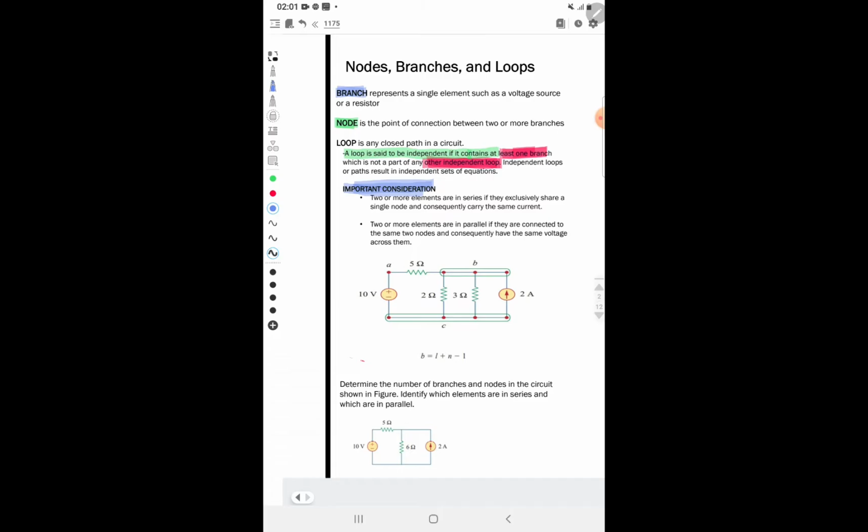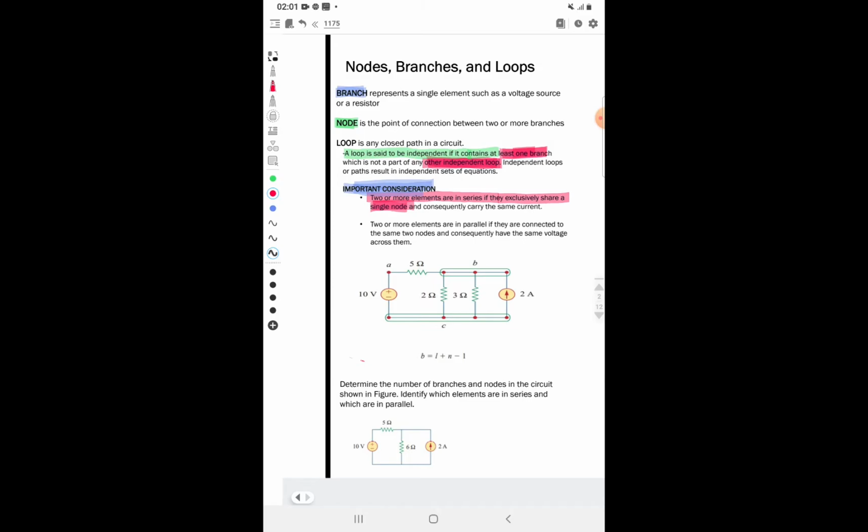If two or more elements are in series, they exclusively share a single node, meaning there is only one node in common connecting the two elements.